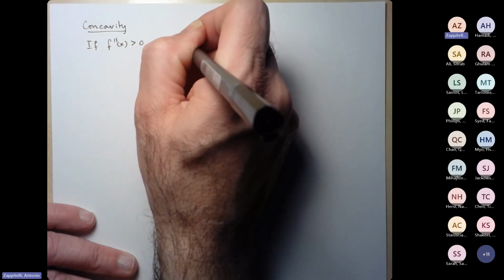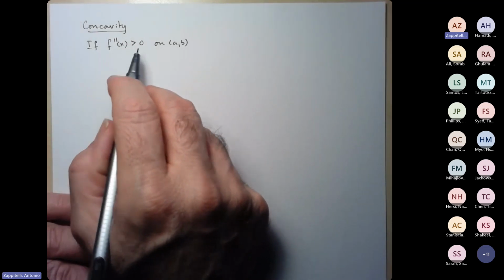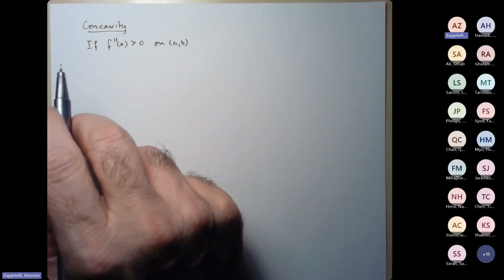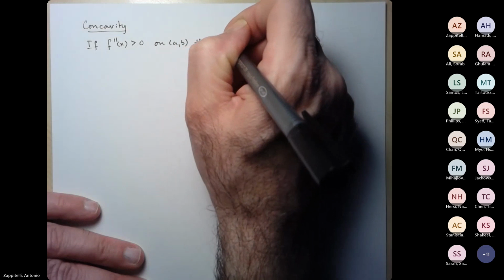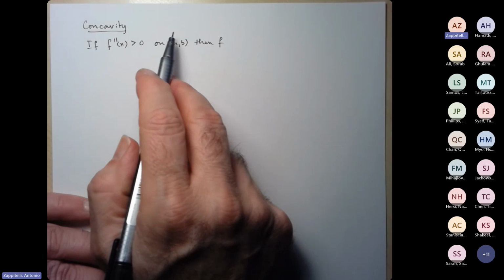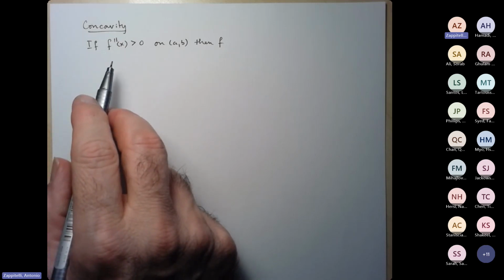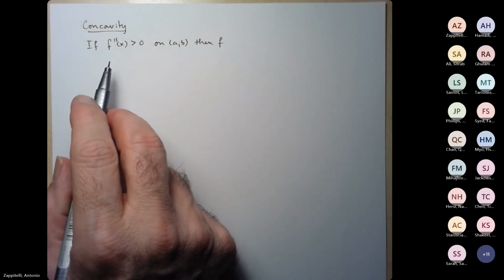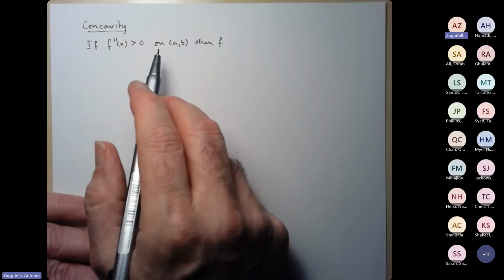on an interval, what does that tell us about the function? When the second derivative was positive, who remembers what that tells us about the function? Remember, we're using information about the second derivative to tell us something about the function. When the second derivative was positive, what was the shape of the graph? Remember, on that section, it's concave up.